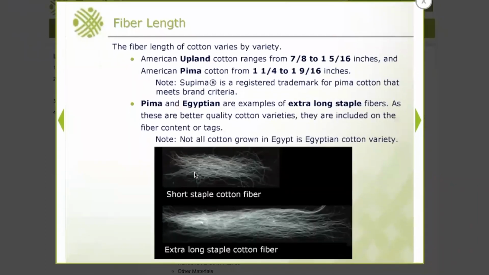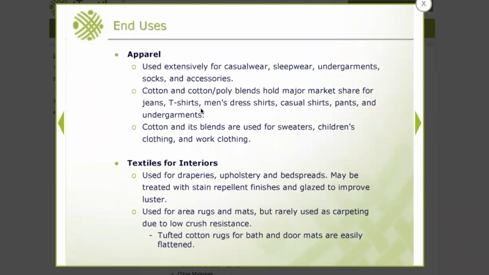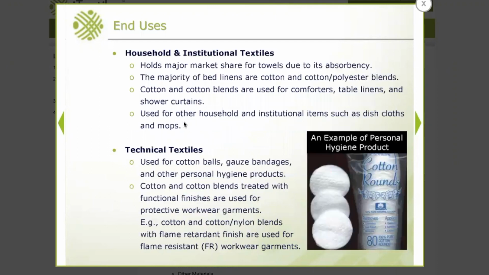This is an example of a short staple and an extra long staple cotton. And we use them in apparel a lot. Cotton is used in t-shirts and pajamas and casual shirts, dress shirts, sometimes sweaters, socks, sleepwear. And we also use them in interiors like draperies, upholstery, bedspreads, rugs, mats, carpeting.